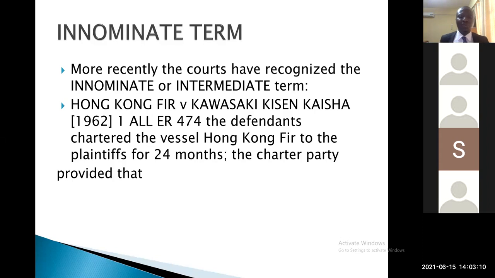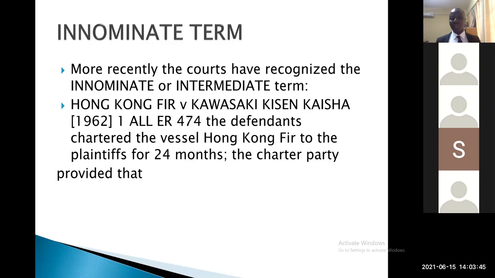And the story goes back to 1962, when the well-known case of Hong Kong Fir Shipping Company Limited against Kawasaki Kisen Kaisha Limited, a case with a very interesting name, was decided in 1962.